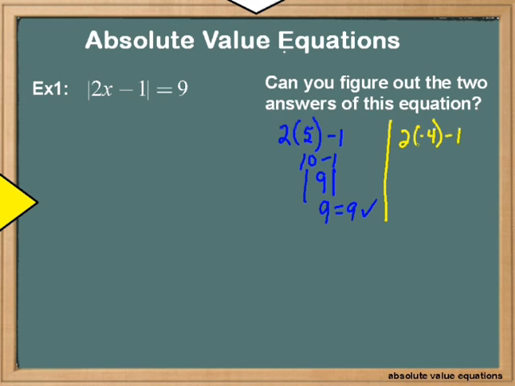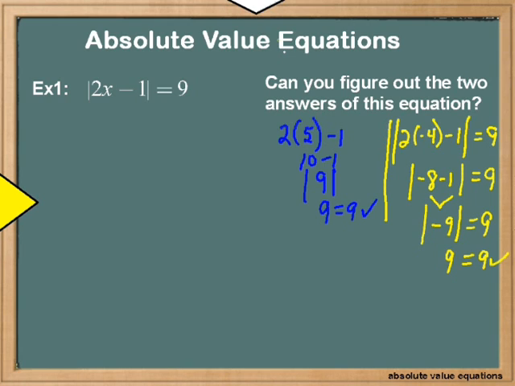The reason we came up with the negative 4 is because now we want a value that is a negative 9, because the absolute value of a negative 9 is a positive 9. So that's where it got a little tricky, realizing that you needed a negative 9 in that spot. And there you go. So our 2 answers are going to be 5 and negative 4.